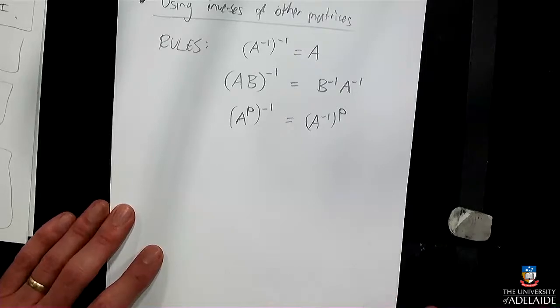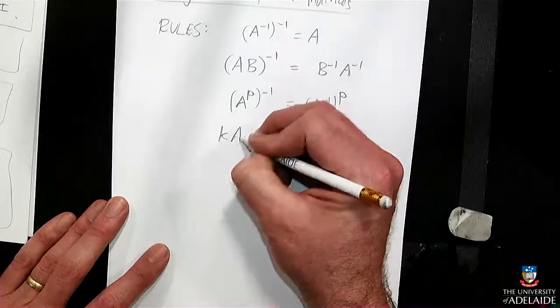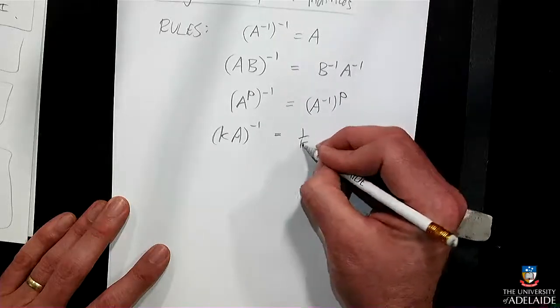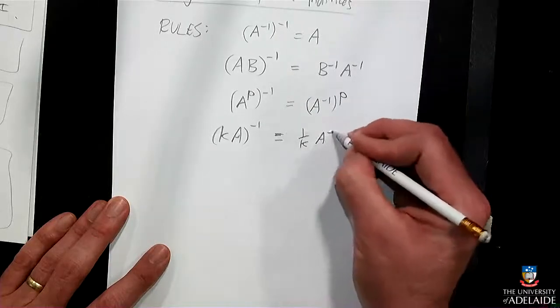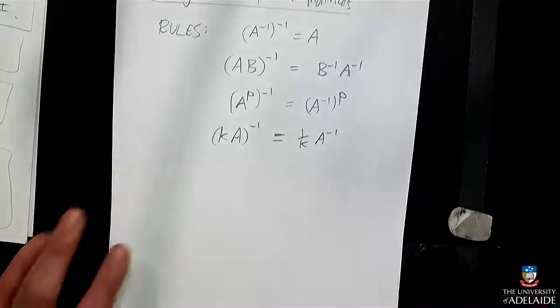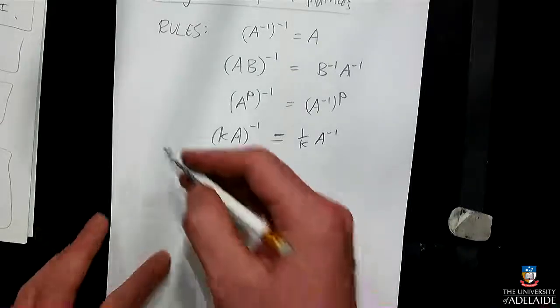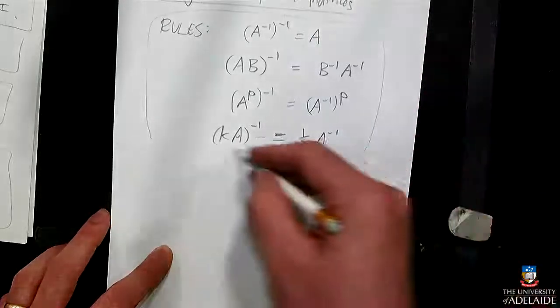Scalar multiplication: the inverse of K times A is 1 over K times A inverse. Now, every single one of these rules can be proven. I can actually do one of those proofs in a second because I think that's a useful thing to do.